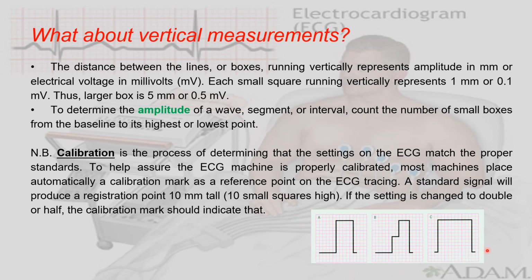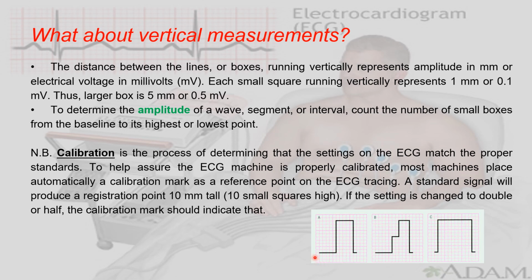This is one of the things which we have to check in the ECG, what we call calibration. This mark is present at the beginning of the ECG, in any one of these shapes. The important thing is its amplitude, how many small squares it has. Normally you should find 10 small squares. This mark represents 1 millivolt.